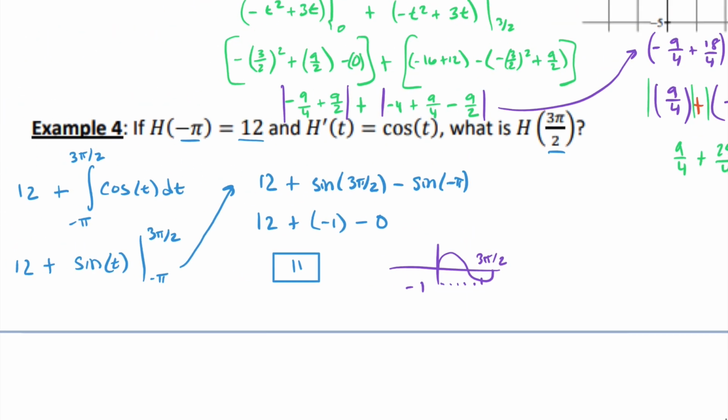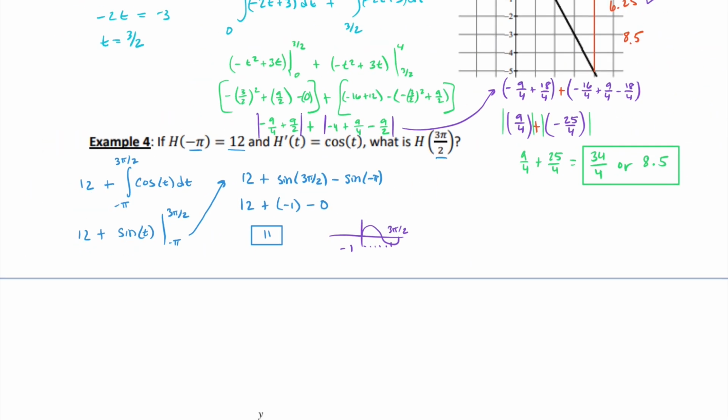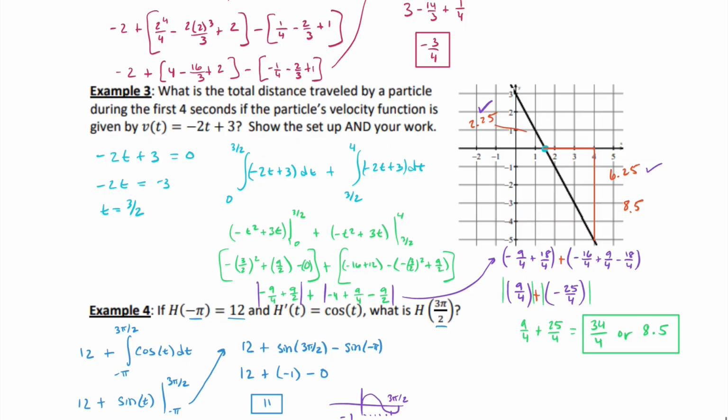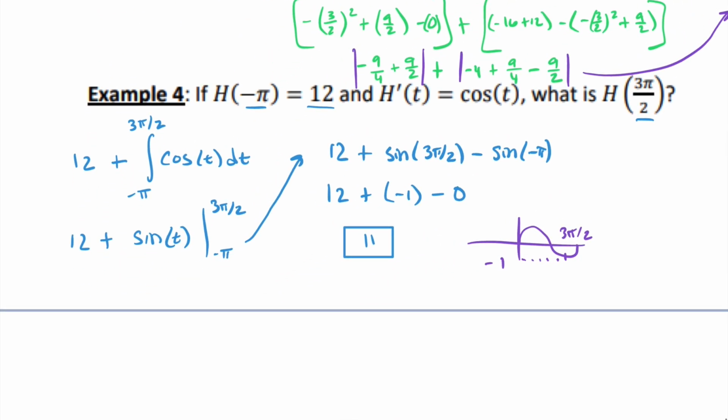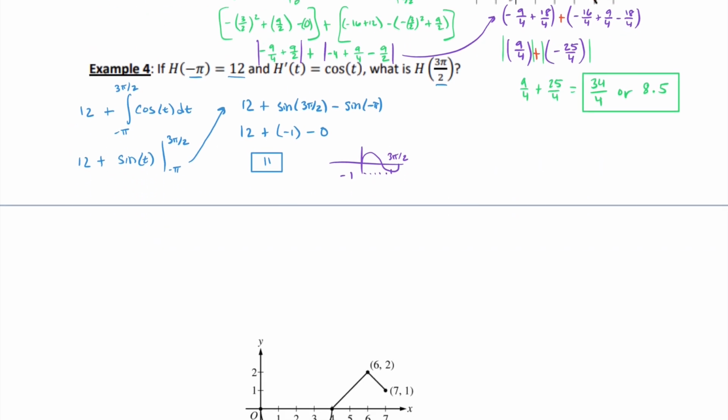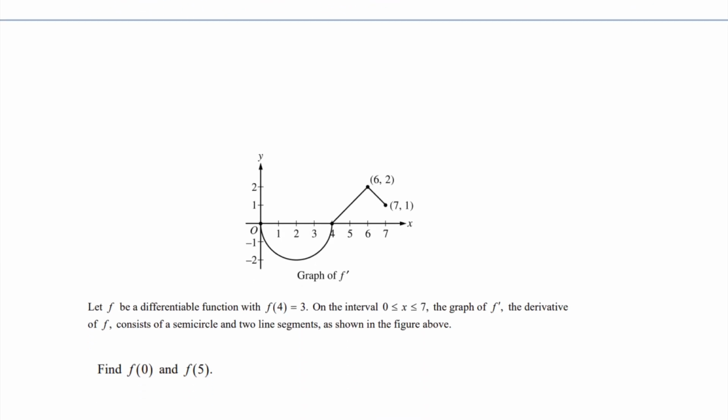Now, yeah, so what is h of 3 pi over 2? We're all good with this. This was not looking for total distance. It was just looking for what is h of 3 pi over 2. So we have to account for the negative area.